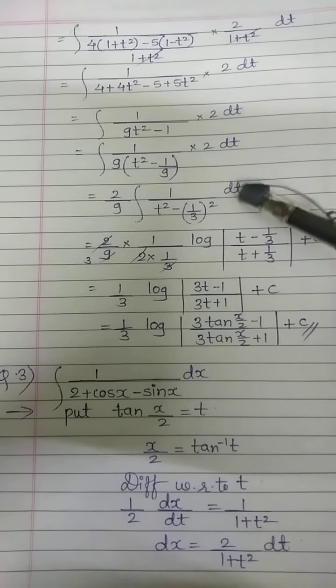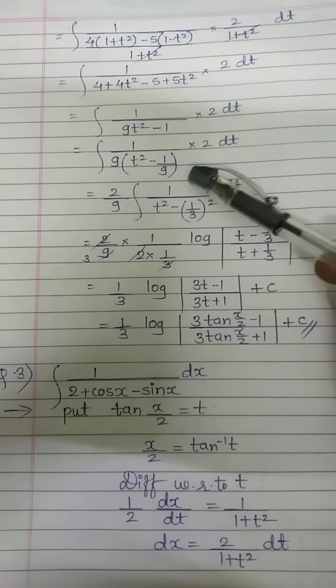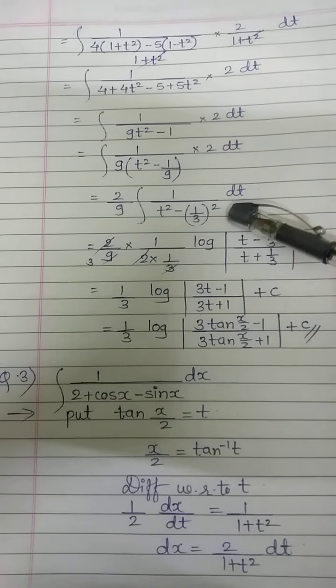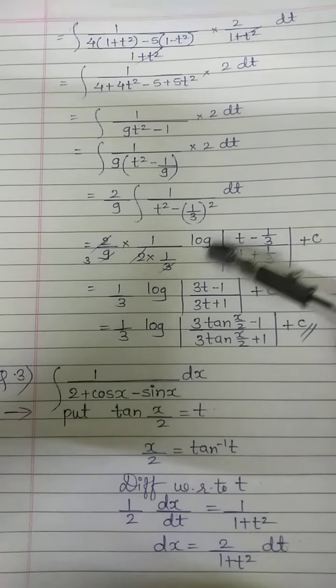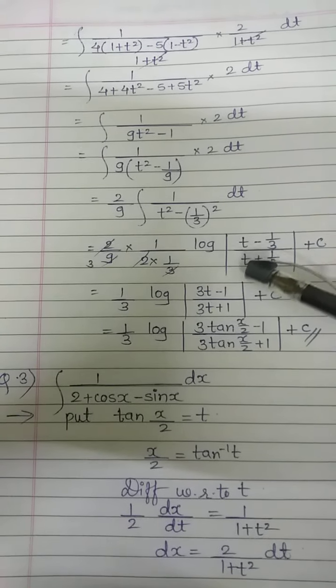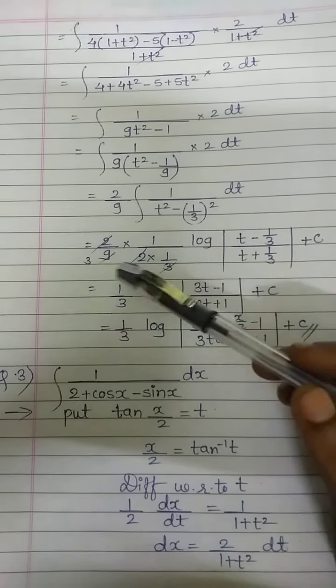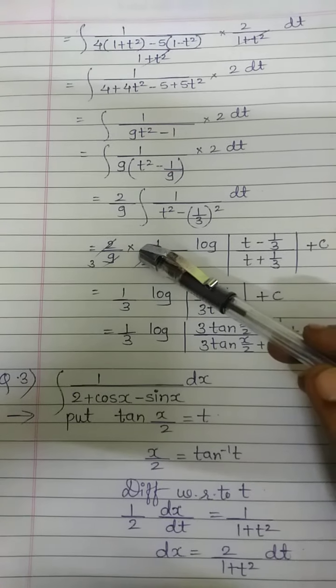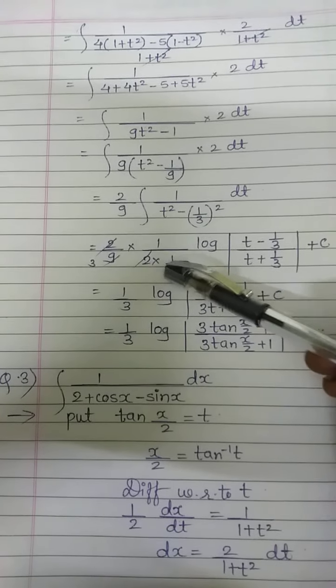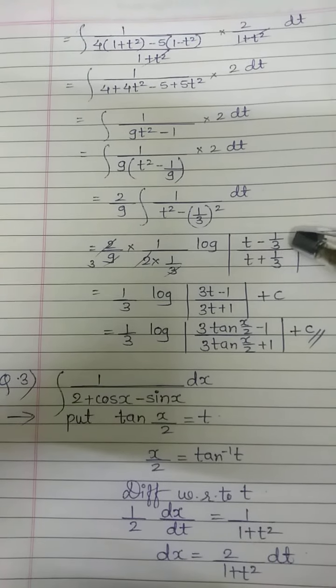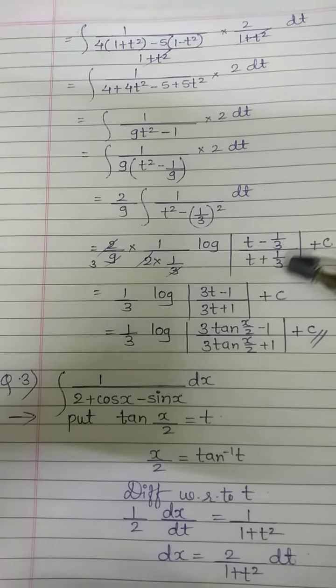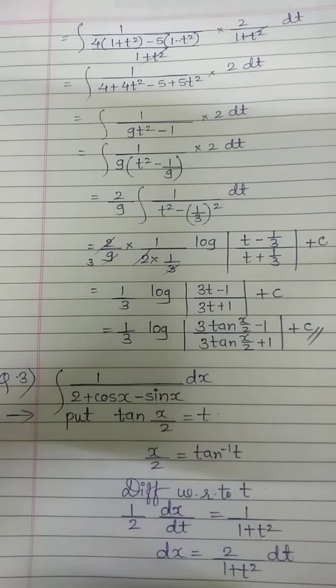So by using the formula that the integral of 1 upon x square minus a square dx is equal to 1 upon 2a log mod x minus a upon x plus a. So 2 by 9 as it is into 1 upon 2 into 1 upon 3 log mod t minus 1 upon 3 upon t plus 1 upon 3 plus c.